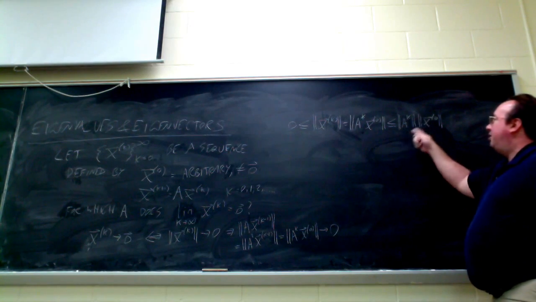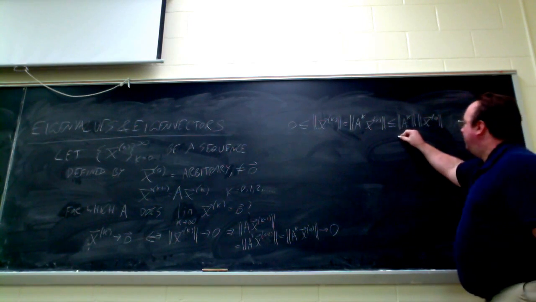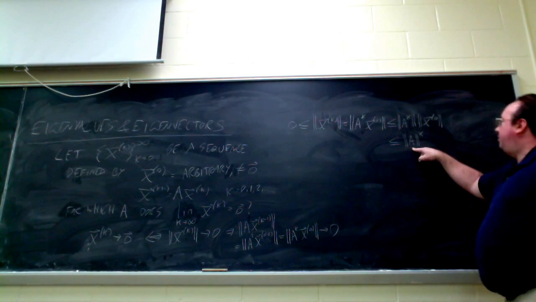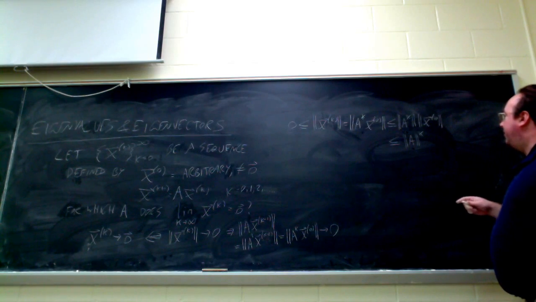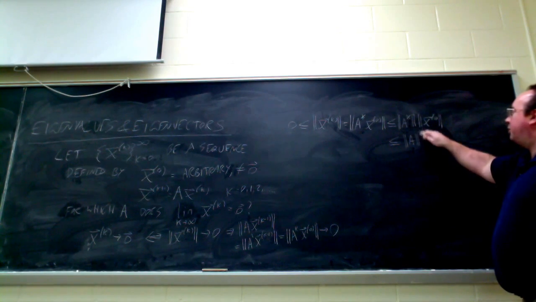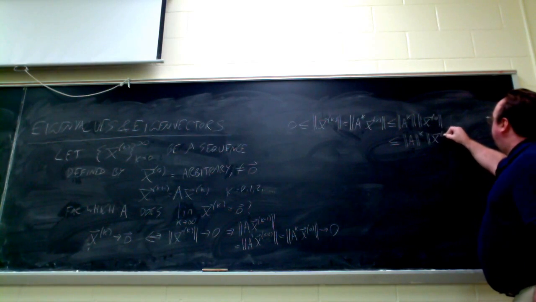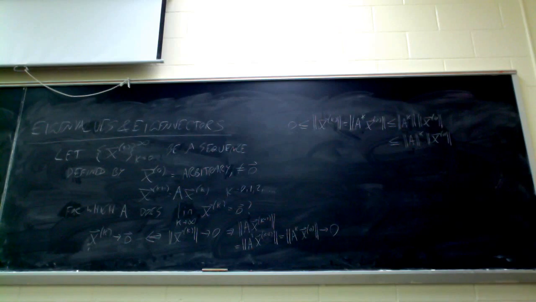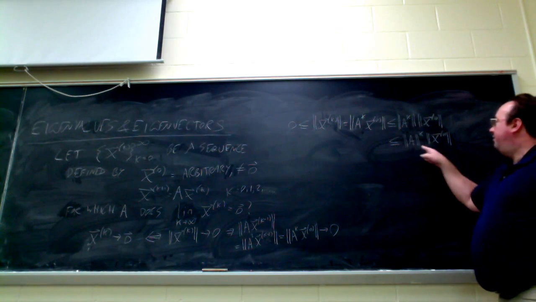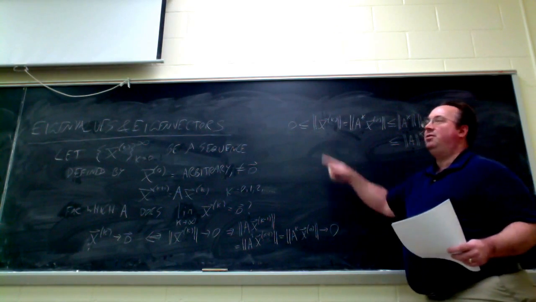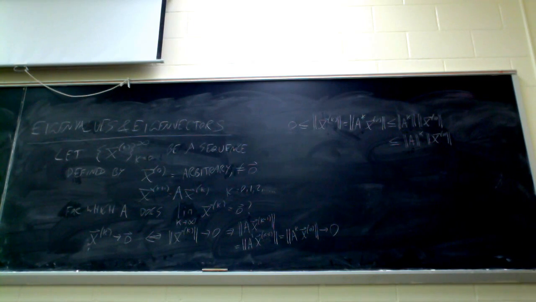And then I can use that submultiplicative property repeatedly to say that I have the norm of A raised to the kth power, so I'm exponentiating a number now instead of a whole matrix, times the norm of x naught. Okay, so now we have this upper bound. And if this goes to 0 as k goes to infinity, then certainly the norm of xk is going to go to 0 too. That's the squeeze theorem from calculus 1. But you probably never hear that again.